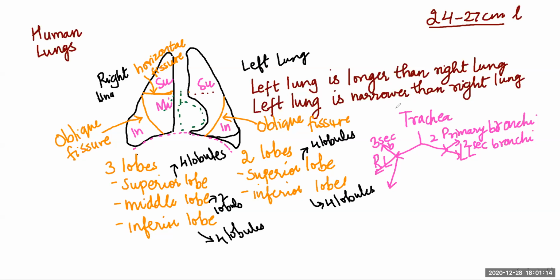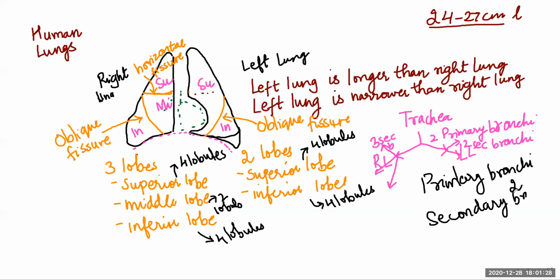Okay? So how many primary bronchi were there? Two, because one in the right lung, one in the left lung. How many secondary bronchi? Total five. Correct? Because the right primary bronchus will divide into three lobes and the left primary bronchus into two. Now the three on the right will divide into what? The first one into four. So tertiary bronchi, one in each lobule.